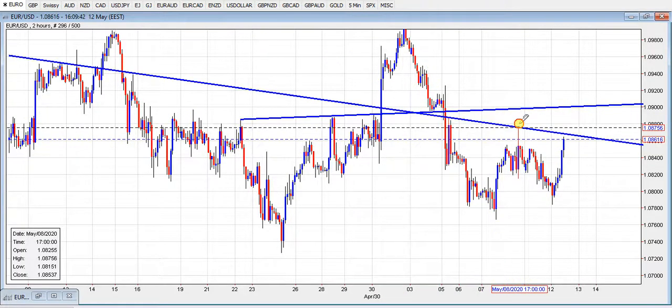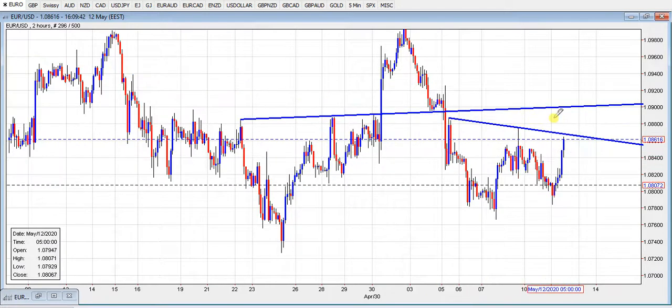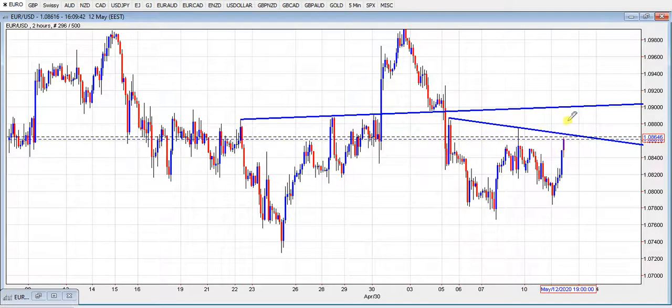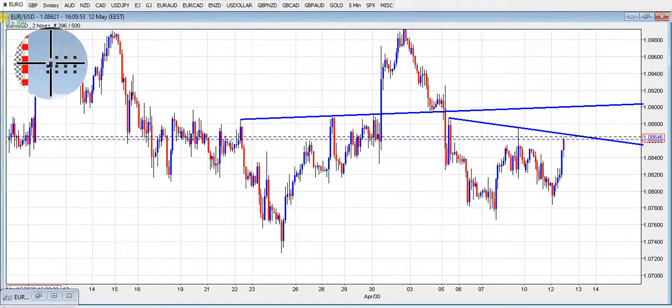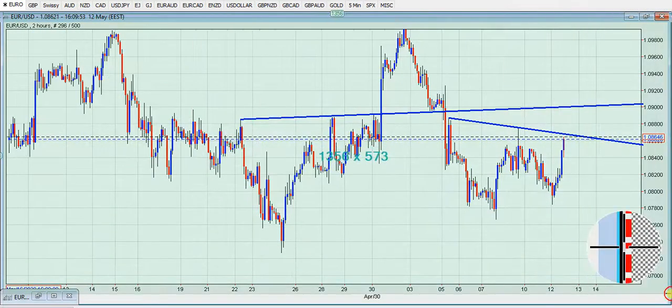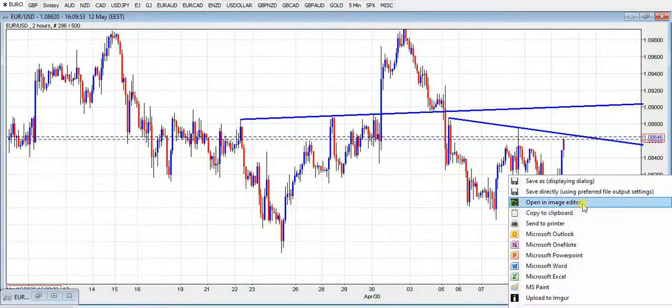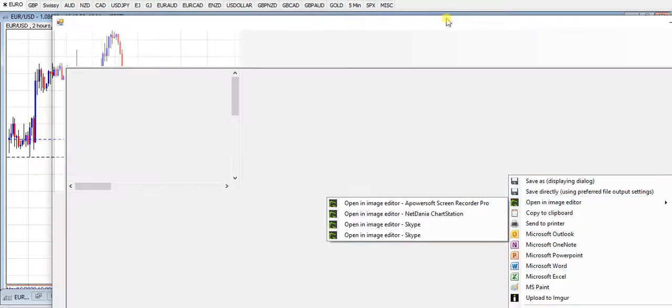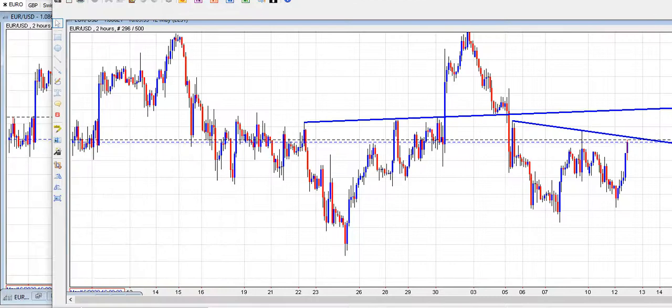The initial soft target is almost here, and then we have the next move 108.80, but actually the 109 handle is the bigger support. So this move, the soft target, we're almost there on the euro right now.